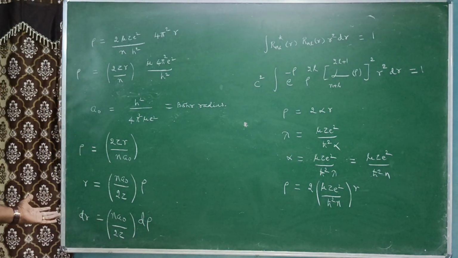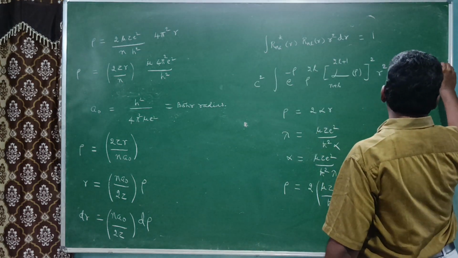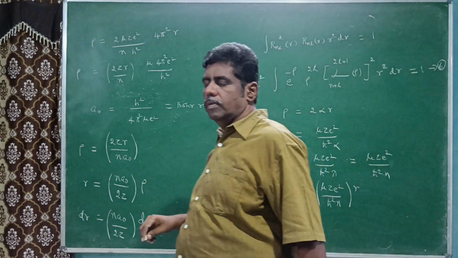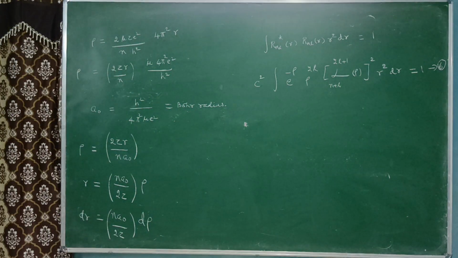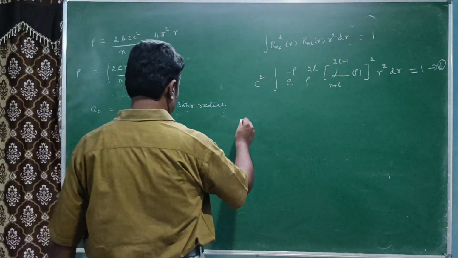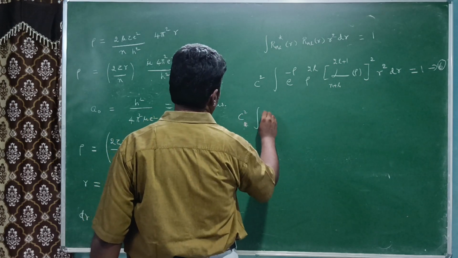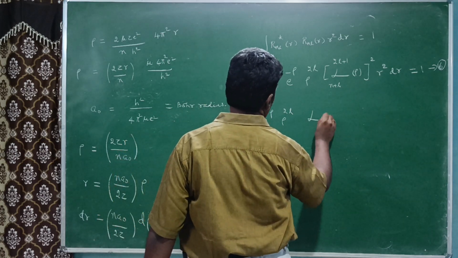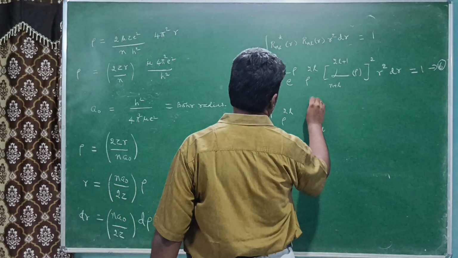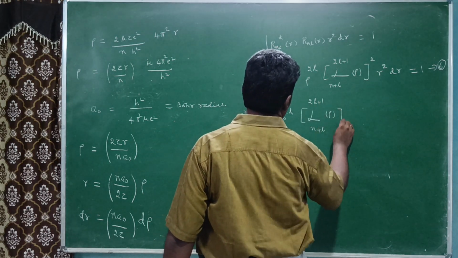Now we have to substitute all these values in this equation. Now we have to substitute the values. It is C² e power minus rho, rho power 2l, then the Laguerre polynomial squared.